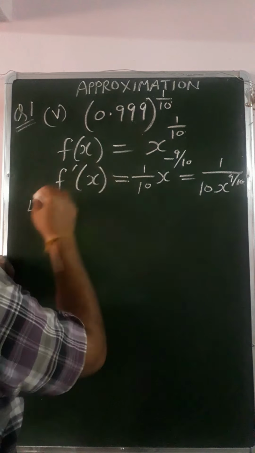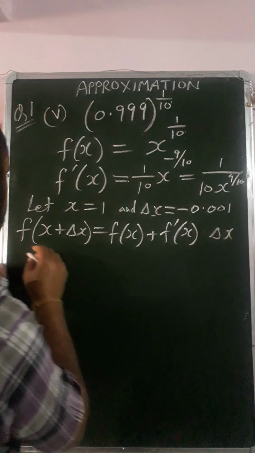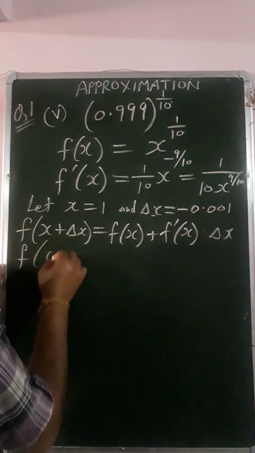Now I am repeating this formula again, f of x plus delta x equal to f of x plus f dash x into delta x. I am putting the values here. After simplifying, this becomes f of 0.999. This is f of 1 here. This is f dash 1 here, and this is minus 0.001 here. Right?